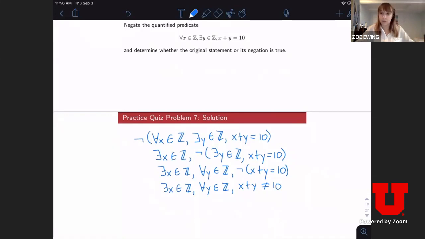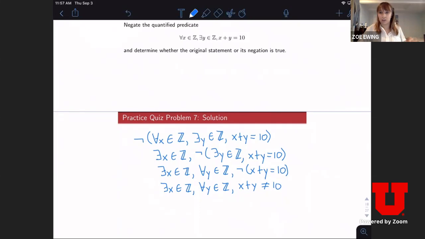There's no counterexample that you can find that will make that untrue. But the negation says that there is an x such that for every integer y, adding them does not equal 10. We know that's not true, because if you take any integer in the set of integers and try to find something that won't make it equal to 10, you won't be able to find that.